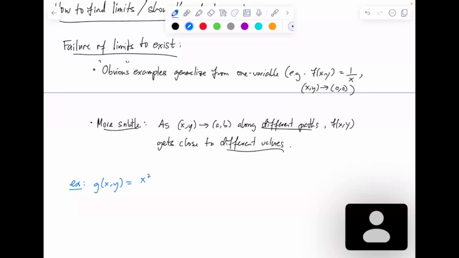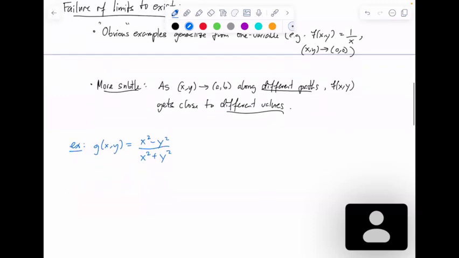It was the function (x squared minus y squared) over (x squared plus y squared). Using the table of values, we saw there were severe issues with a limit existing. We conjectured that the limit doesn't exist, and now let's see why.